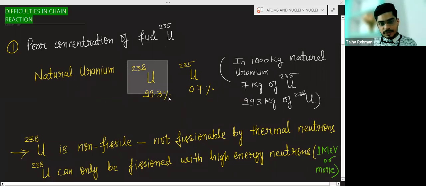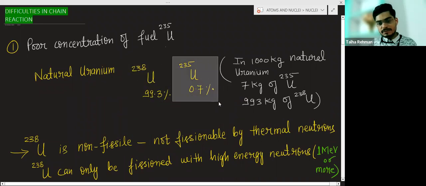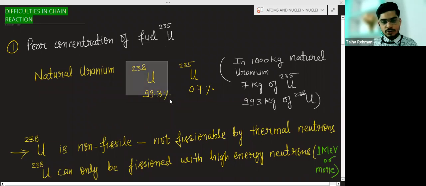Now we have this in large amount and this in very small amount. So what will happen when we do the fission of uranium 238?